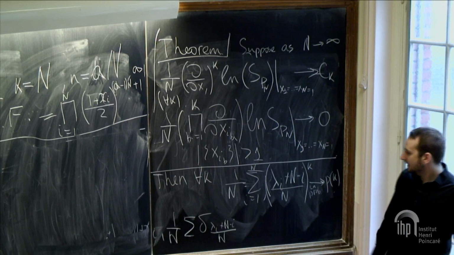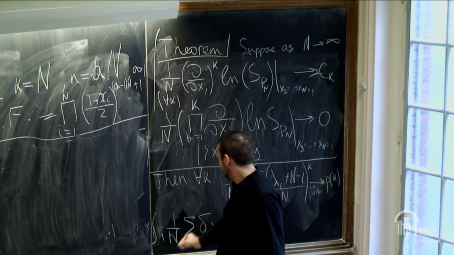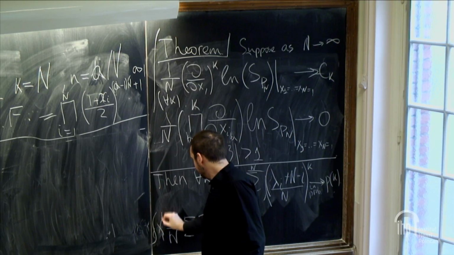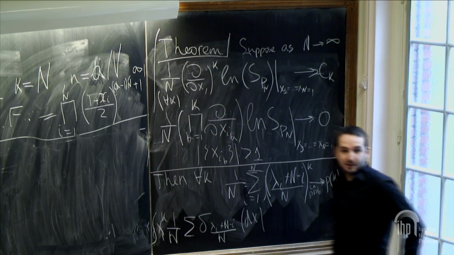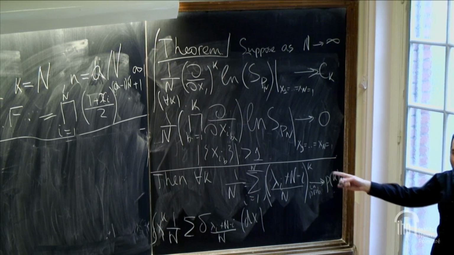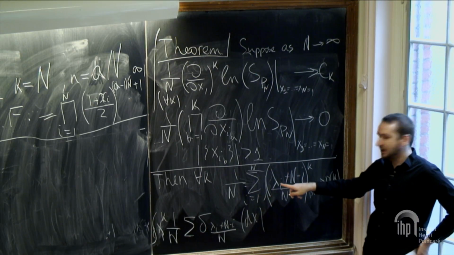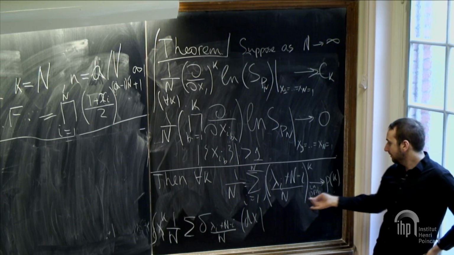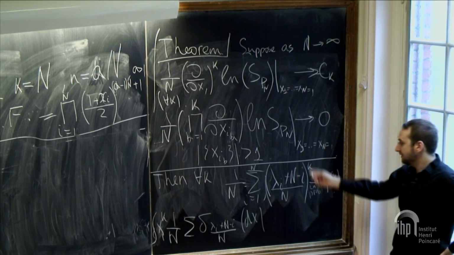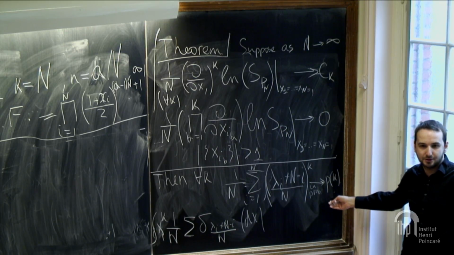This sum is the integral of x to the k against this measure dx. So each moment of this probability measure is a random variable, because lambda is random. It even depends on n. The statement is that these random variables will converge in probability to non-random numbers. So these are numbers.